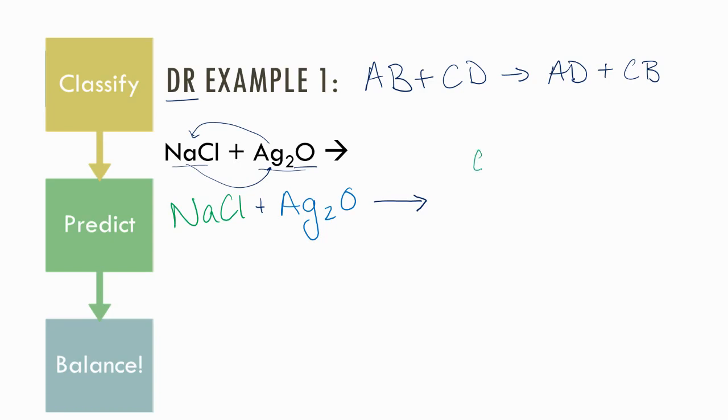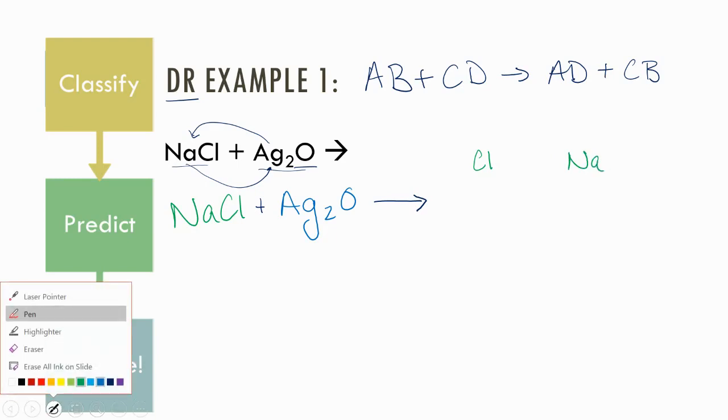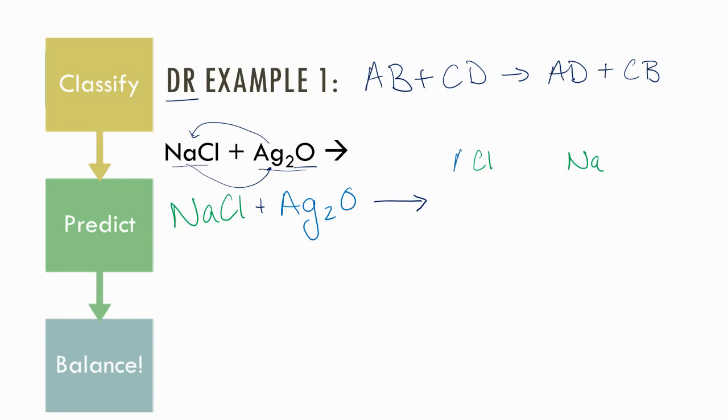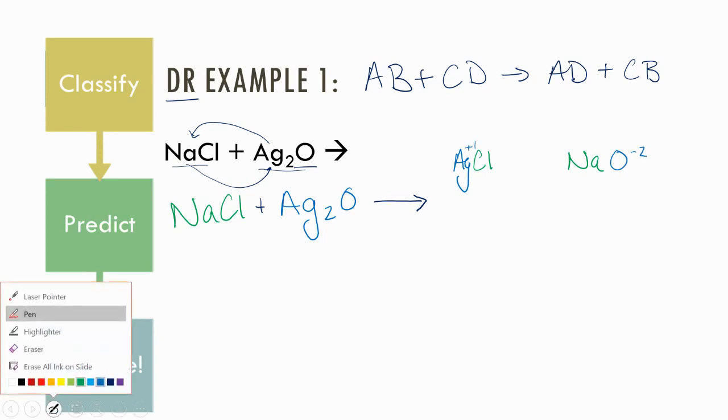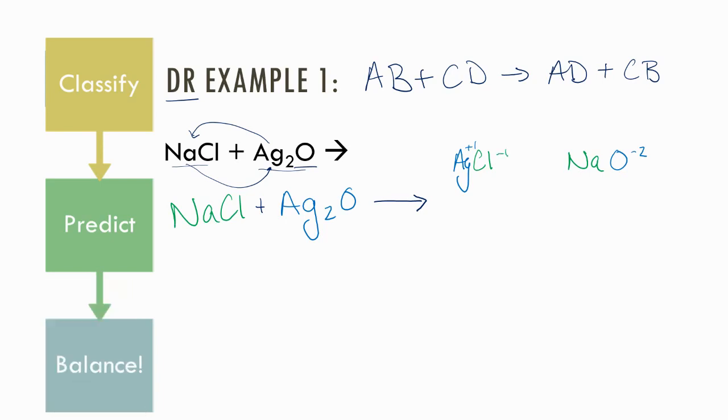Na, well, let's do this. Cl and Na are going to switch. Ag is going to be over here, and O is over here. But I have to include their proper charges so that I can write proper formulas.